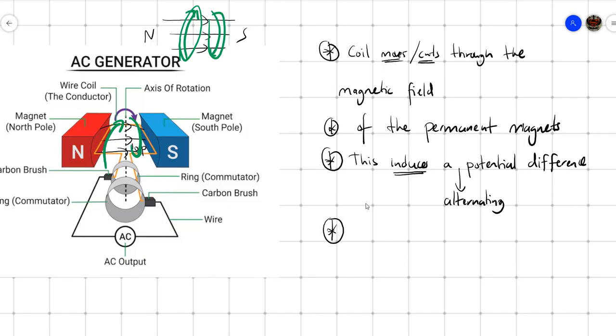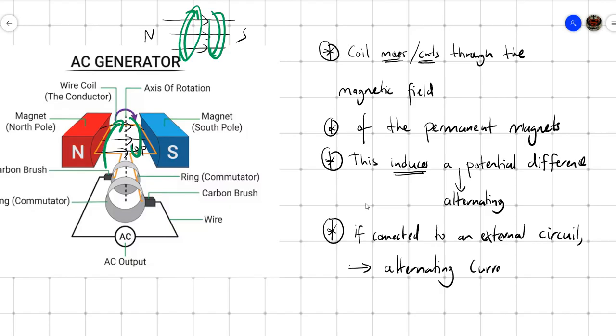Now, if this is connected to an external circuit, this is where you get an alternating current induced.